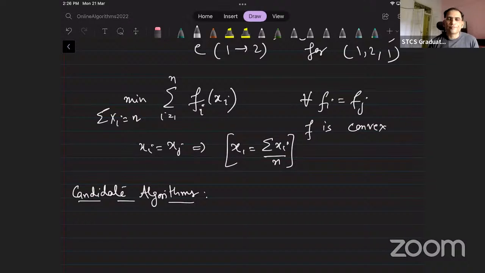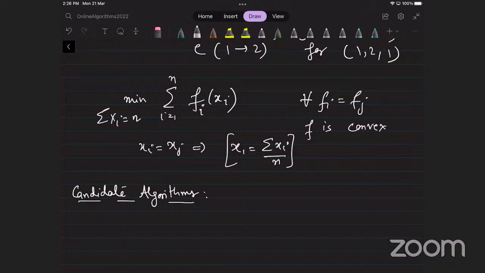What will you do? If you're posed this problem and you're sitting at the kth request arrival, you already know what you have done in the past. What would you like to do? Kind of split it equally. That's complicated, right?